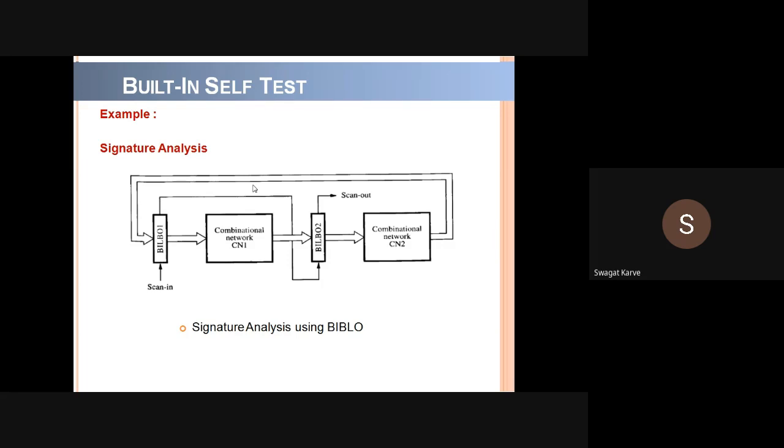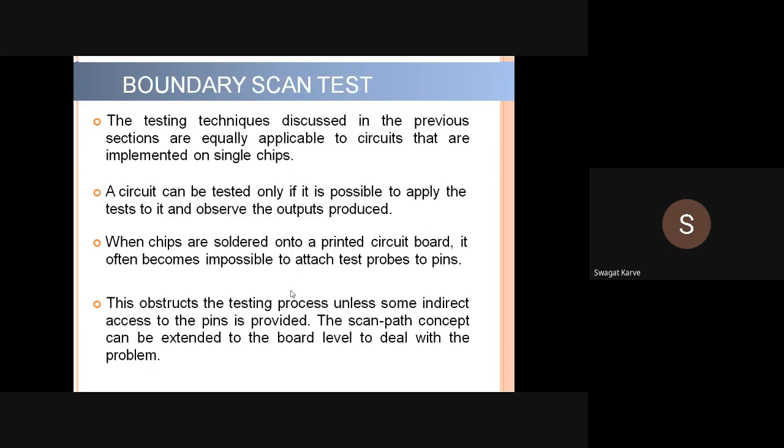So this is signature analysis using BILBO. This example is especially used for signature analysis with the help of the built-in logic block observer, because one mode of the built-in logic block observer supports signature analysis also. That pattern generation is nothing but signature analysis. So you can use the built-in logic block observer as a signature analysis circuit also. So this is about signature analysis.